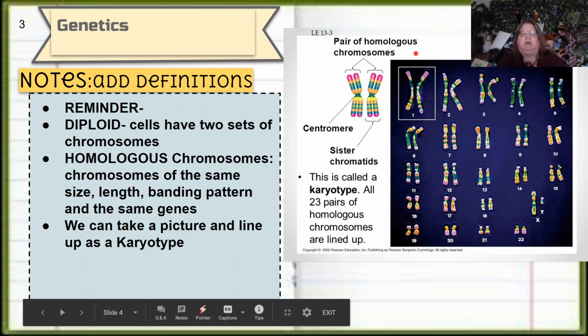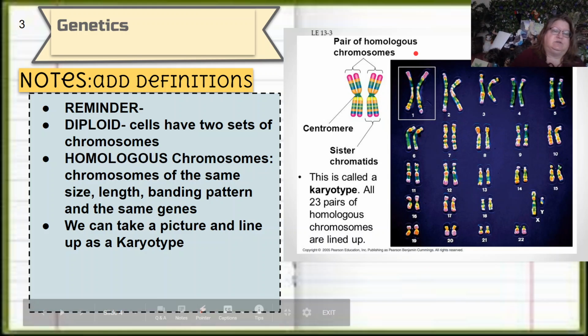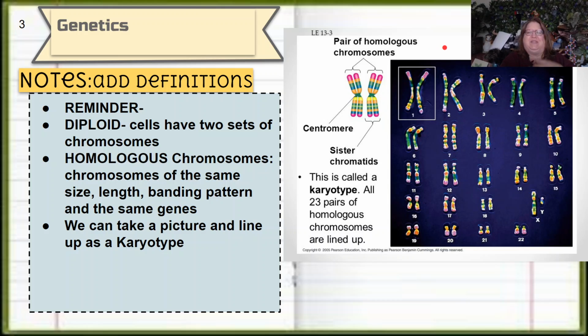We can do this by using computers now, but we used to have to do it analog, old school, cut them and line them up. And what we end up getting is something called a karyotype, which is an image of all of the chromosomes lined up together.